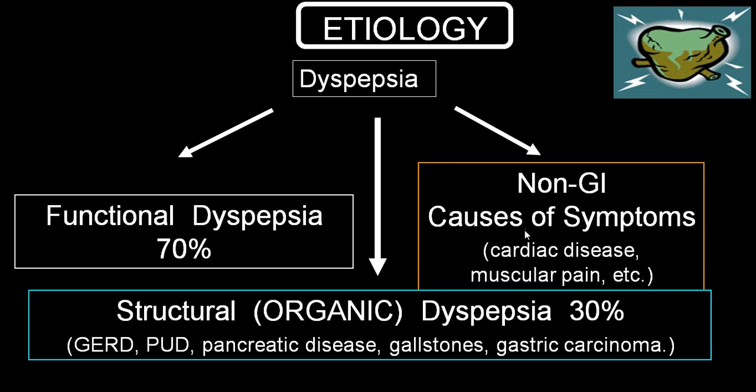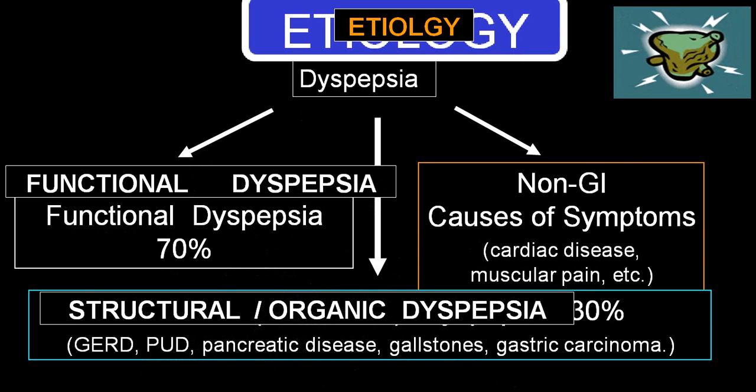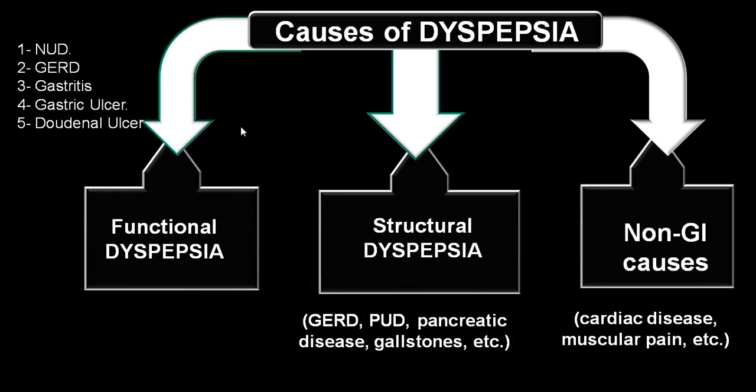That is called non-GI causes for dyspepsia, like cardiac disease, muscular pain, etc. But by and large, we use only two terminology, that is functional and organic dyspepsia or structural dyspepsia. So functional dyspepsia, structural dyspepsia, non-GI causes.